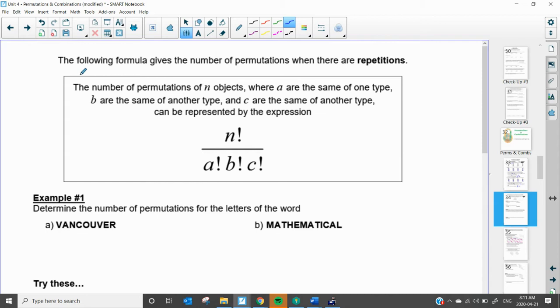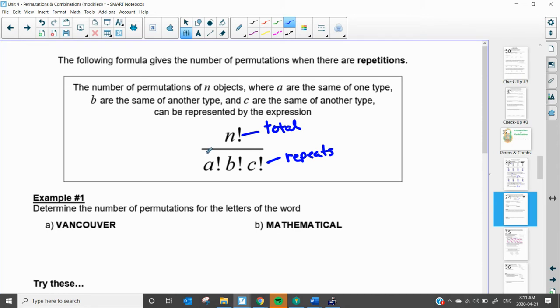If we have n objects, and there's repeating A's, repeating B's, repeating C's, we just take n factorial and divide by the repeats. So this is our total, n factorial, divided by A factorial, B factorial, C factorial. These are our repeats.